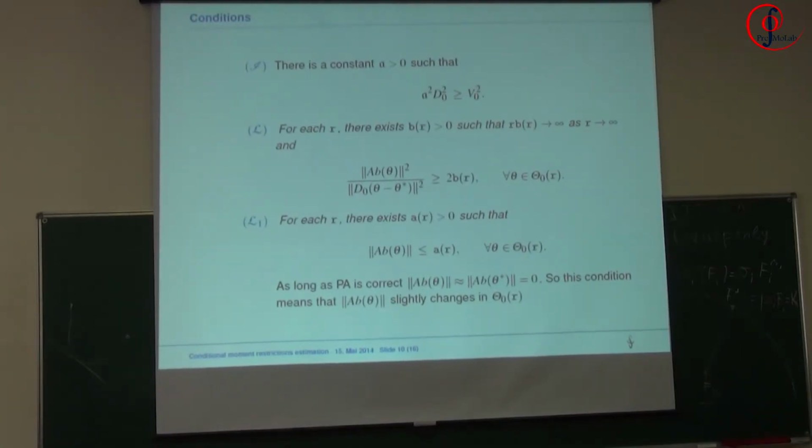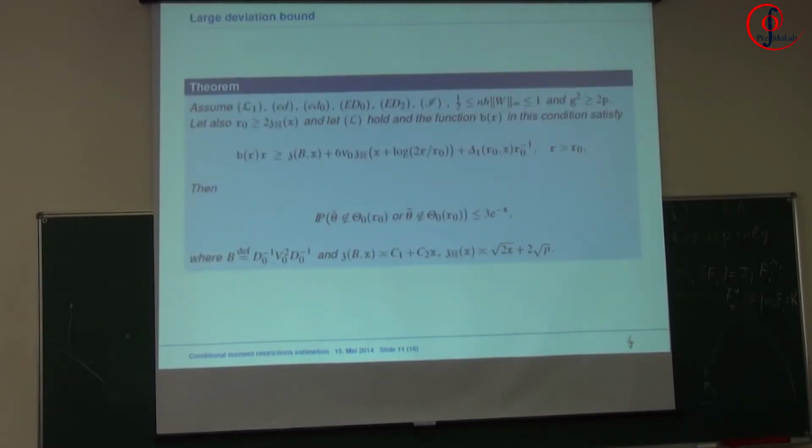And two more very important conditions. One of them is L1. It gives us information that AB theta is continuous around our optimal point, and this condition is also very important. It gives us a chance to introduce a result about large deviation bounds.